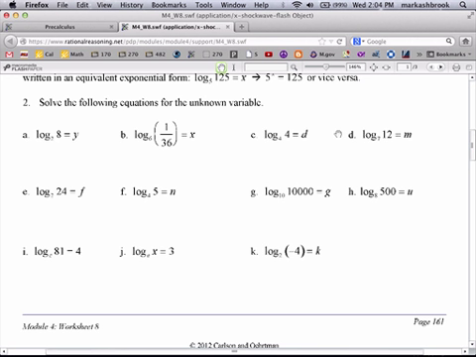Ignore those instructions. Step 1. Describe each log in words. Okay? Based on those words then, rewrite a mathematical statement without the log.